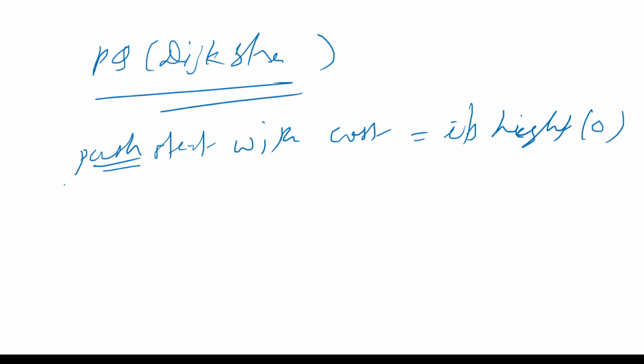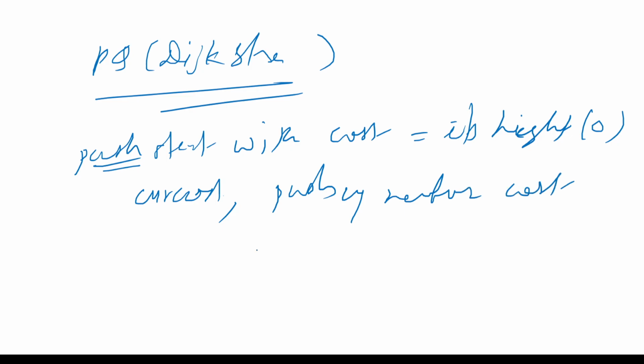So when we're expanding a cell with the current path cost, let's call it the current cost, we'll keep pushing the neighbor using the new cost.